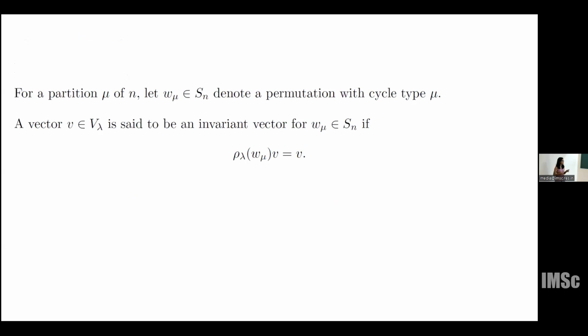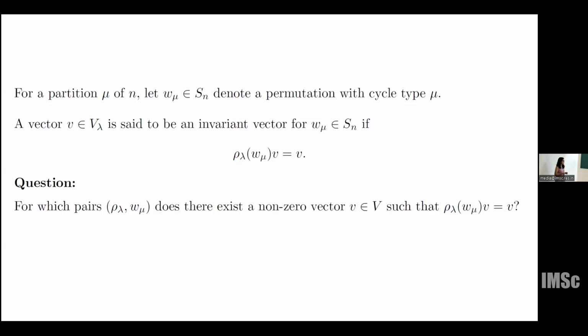The number of irreducible representations is exactly equal to the number of conjugacy classes, so irreducible representations of S_n are parameterized by the partitions of n. I will be using V_lambda or rho_lambda to denote the irreducible representations of S_n. So we are looking for rho_lambda(w_mu) fixing the vector v.